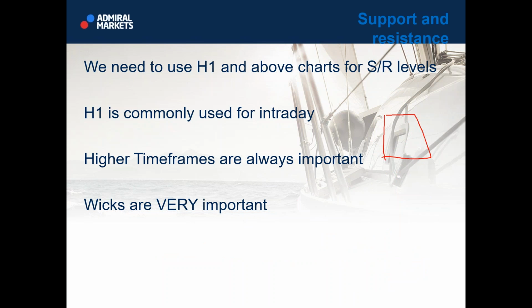Wick is the shadow of the candlestick. So if this is a candlestick, these are the wicks here. Okay, so that is the wick, the shadow of the candlestick. So now we were talking about static support resistance levels.